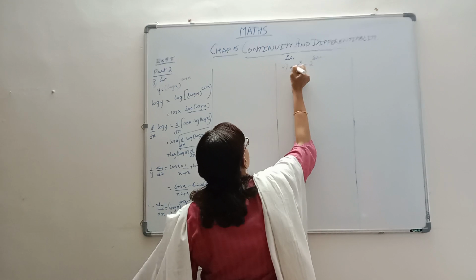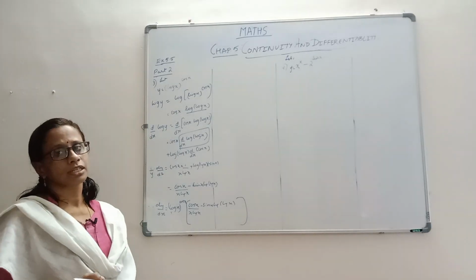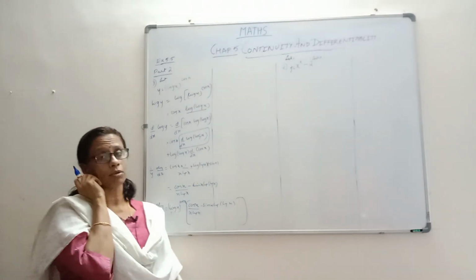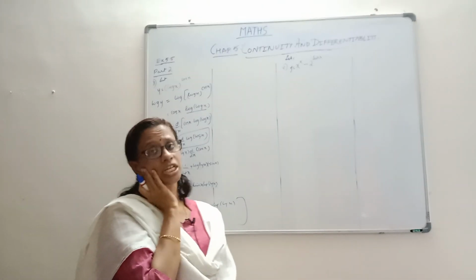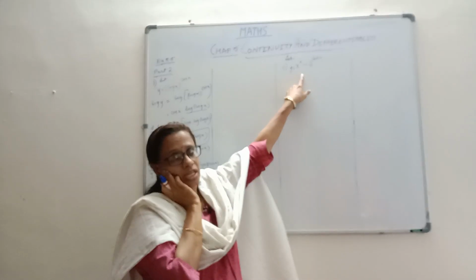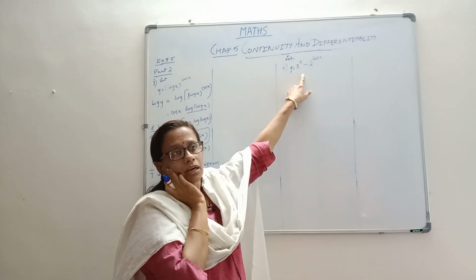Let y be this, x raised to x minus 2 raised to sin x. Now one more thing that you must keep in your mind when you're doing logarithmic differentiation is that if your expression has got a plus or a minus in between, then we cannot take a log overall.